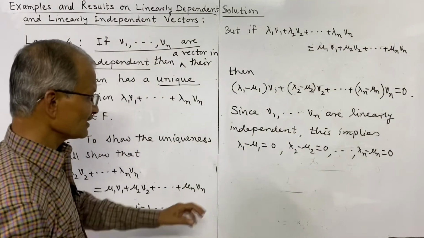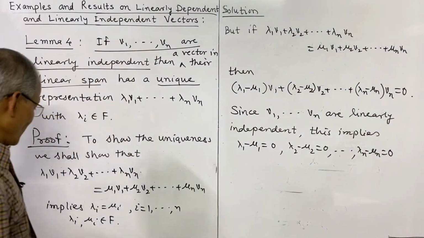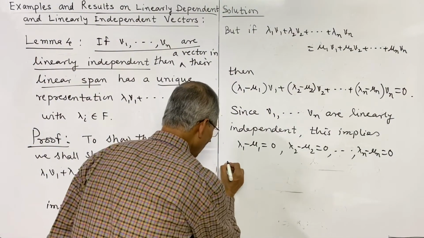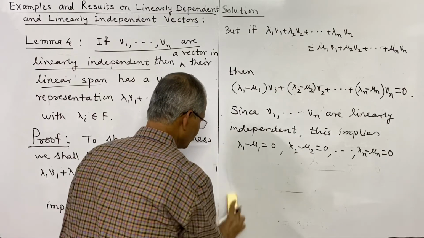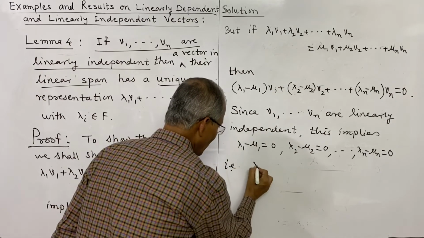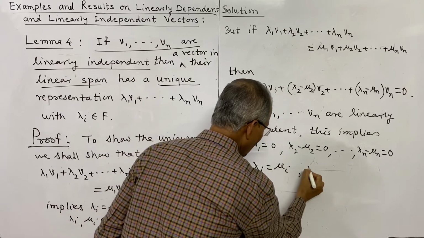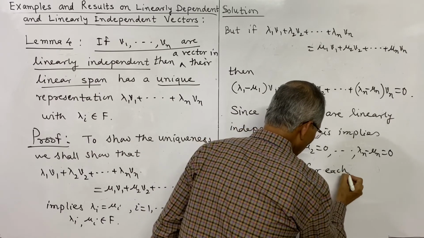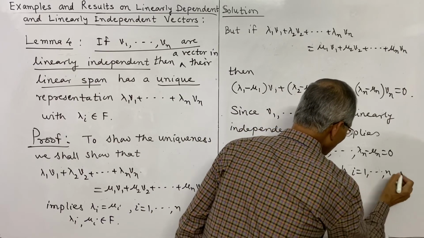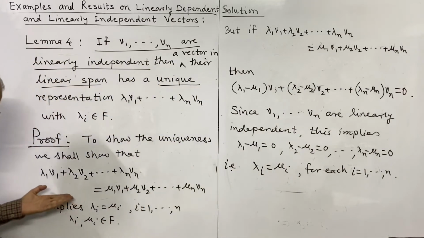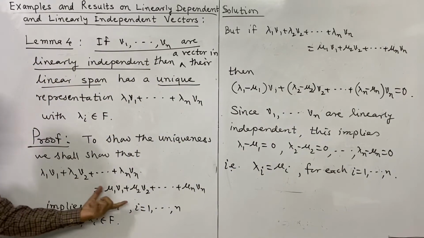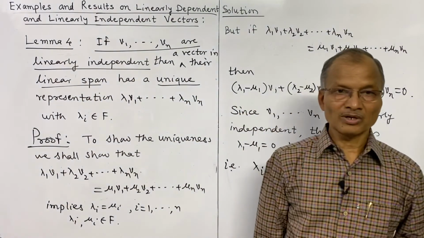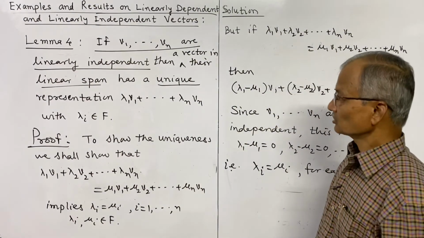This implies each lambda i is equal to mu i for i taking values 1 to n, and thus this shows uniqueness. So we have shown this expression is the same as that expression. That means a vector in their linear span has a unique expression. So this result we have shown.